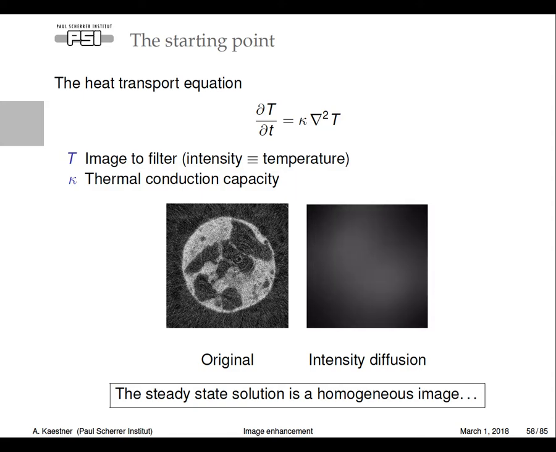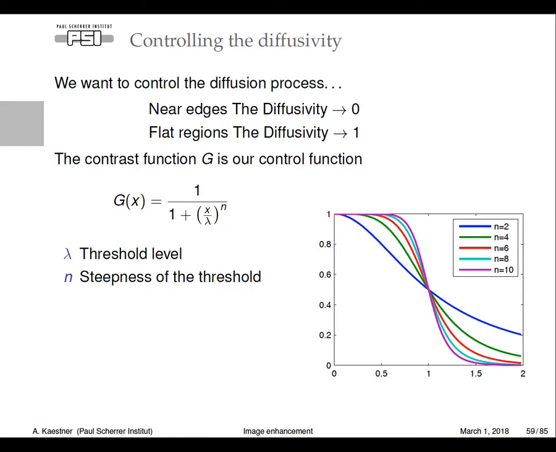So it will sooner or later homogenize. So we need to do something to prevent the diffusion to go further, and that is to control the diffusivity. And we want the diffusivity to be 0, close to edges, and to be 1 in flat regions.